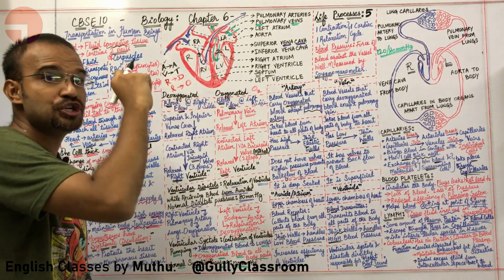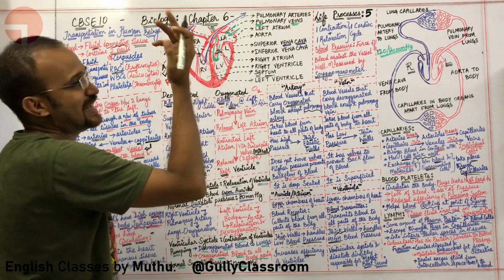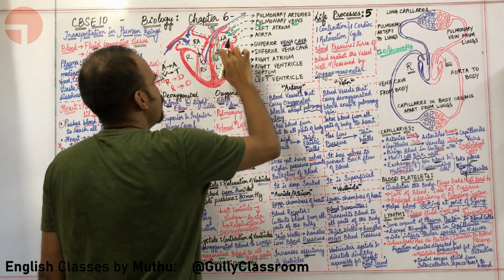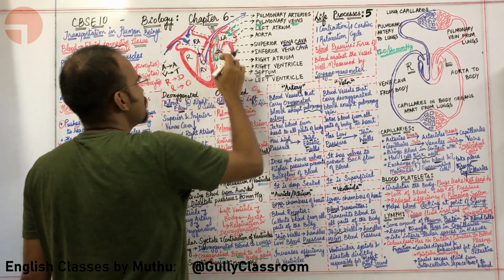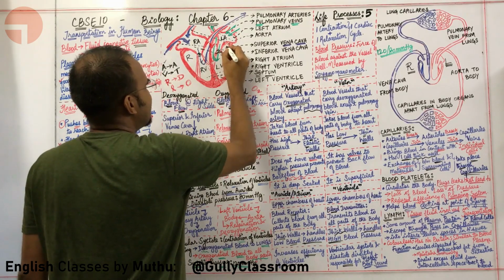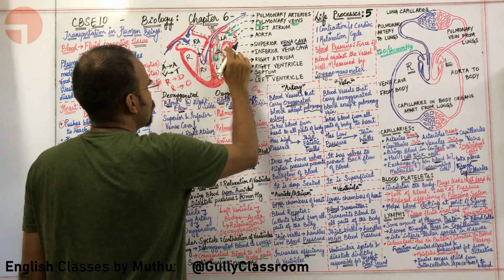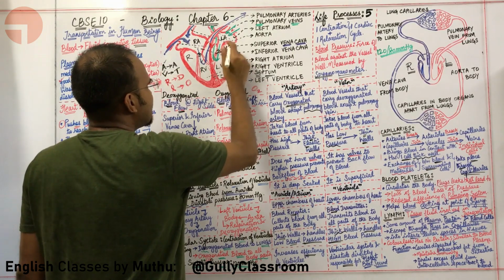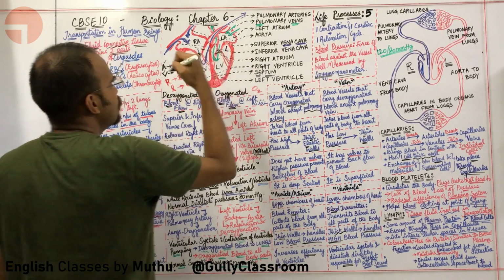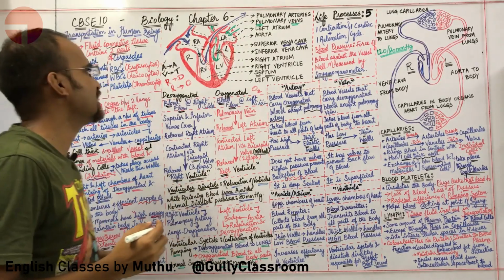So I used 3 strokes, which means the right side of the heart contains the tricuspid valve. Okay, sir. What about left? How am I supposed to remember? The left side contains 2 flaps. Let me write L here. L for left. First stroke, second stroke. So L contains 2 strokes, which means the left side of the heart contains the bicuspid valve.